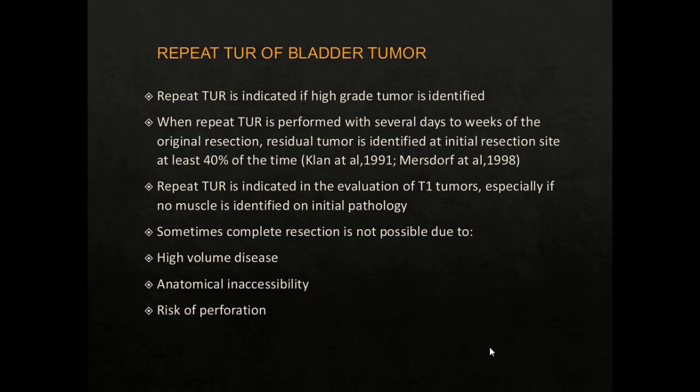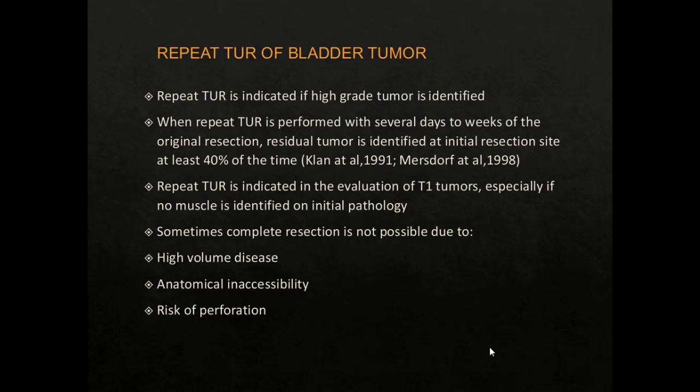Repeat of transurethral resection of bladder tumor. Repeat TUR is indicated if a high-grade tumor is identified. When repeat TUR is performed within several days to weeks of the original resection, residual tumor is identified at the initial resection site at least 40% of the time.